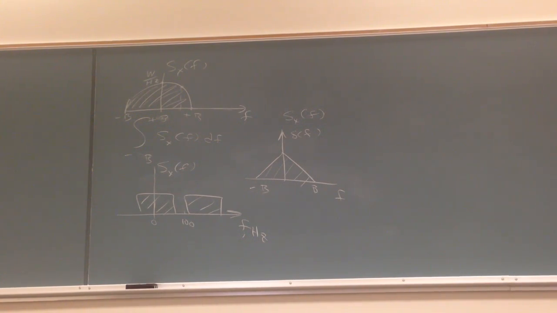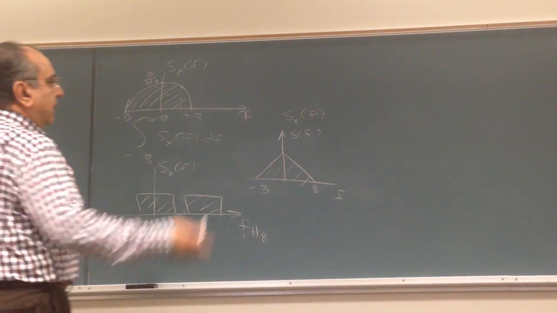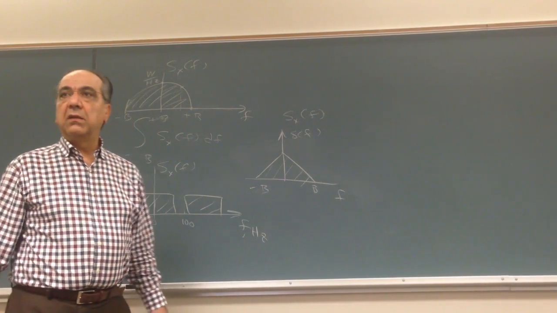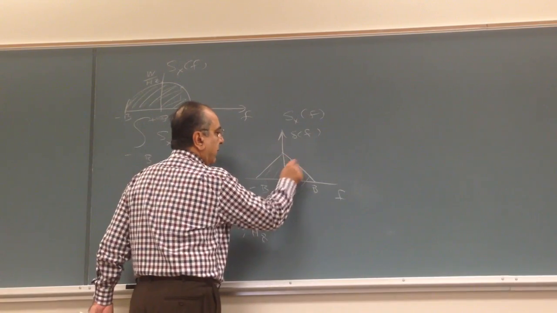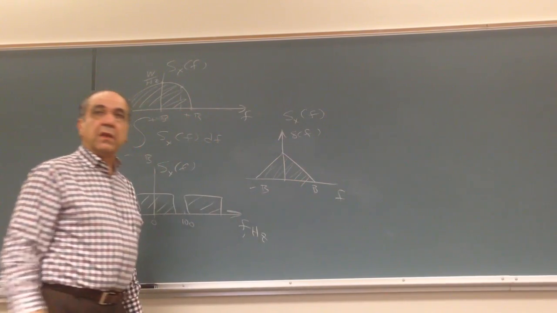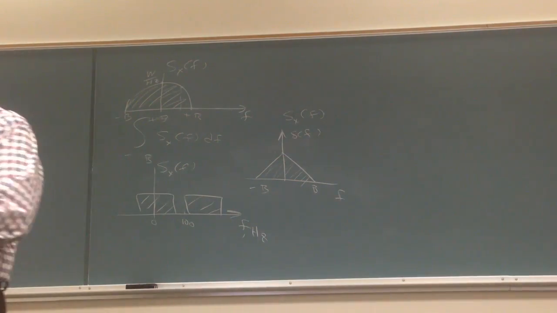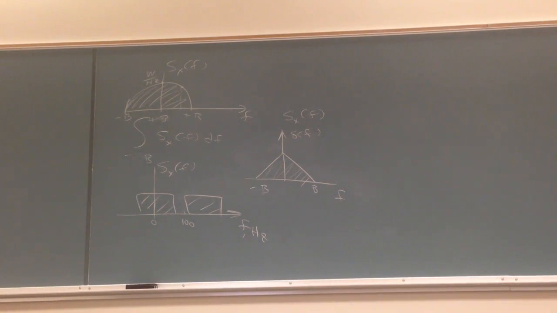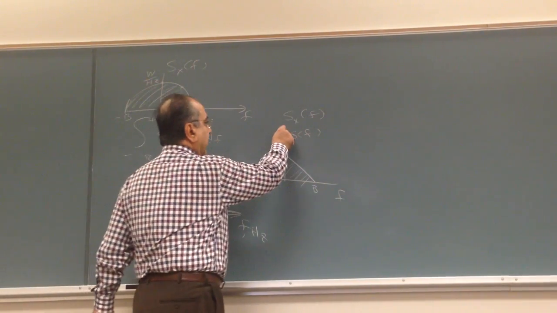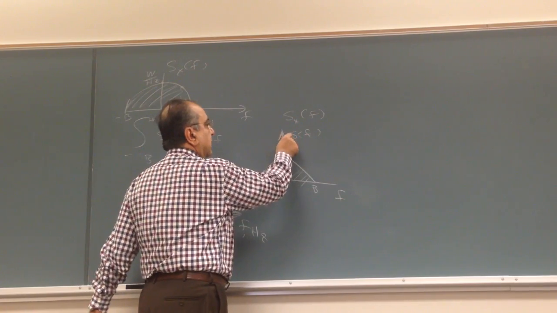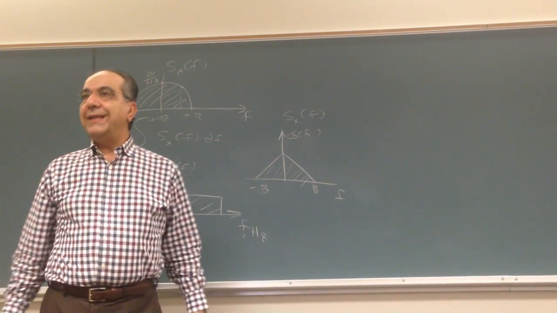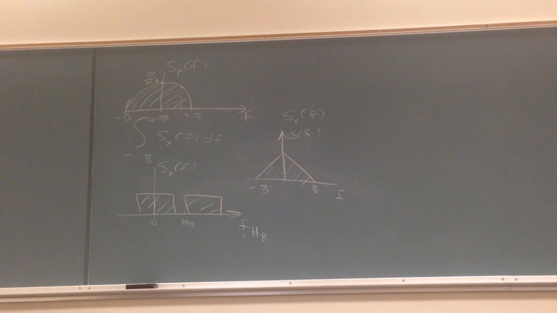So if I ask you what is the average AC power in this signal, all you have to do is get the area under this part. What is the average DC power? You look at this one, let's say its weight is 2, so the average DC power would be 2 watts. Any questions on these things?